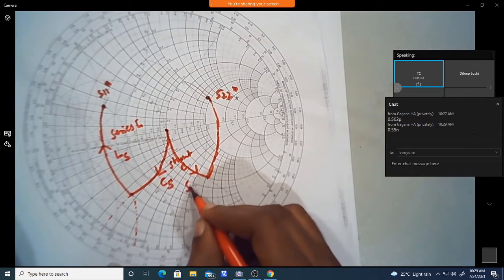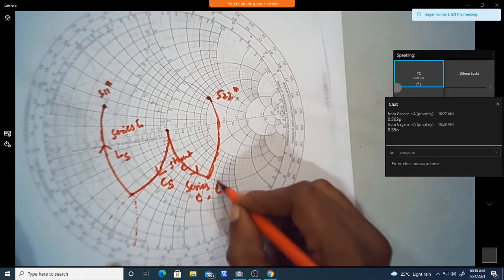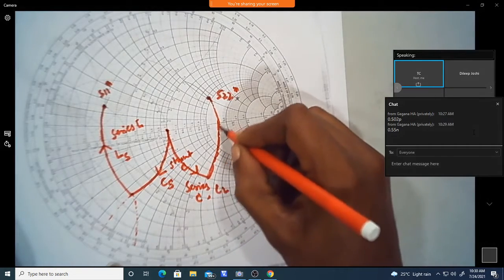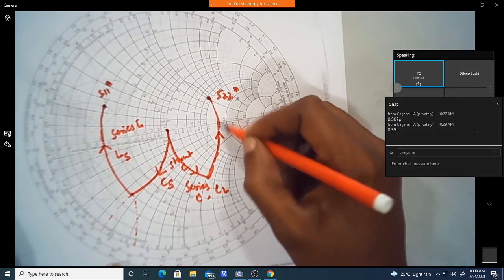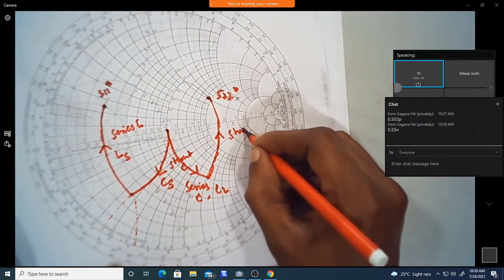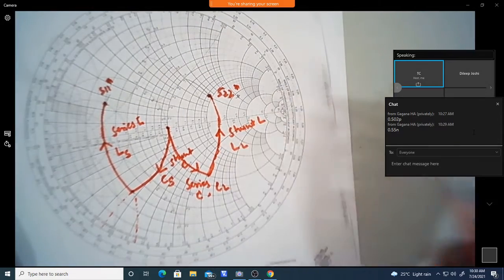So this is series C. Okay. So now we can call that one as CL, because at the load side we are doing CL, series C. And similarly we are moving upwards on the constant conductance circle. So this is the upper side, so it is shunt L. So that we can call it as LL, because at the load side we are doing.